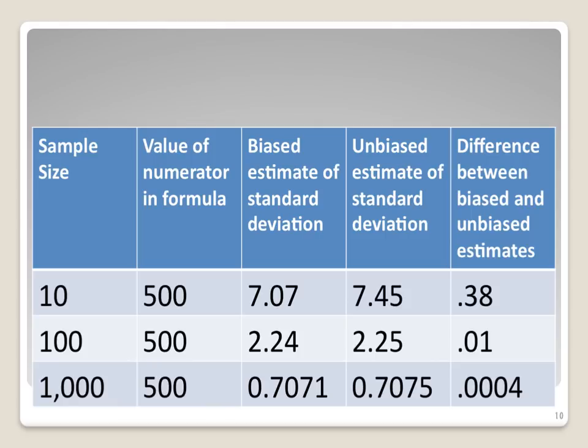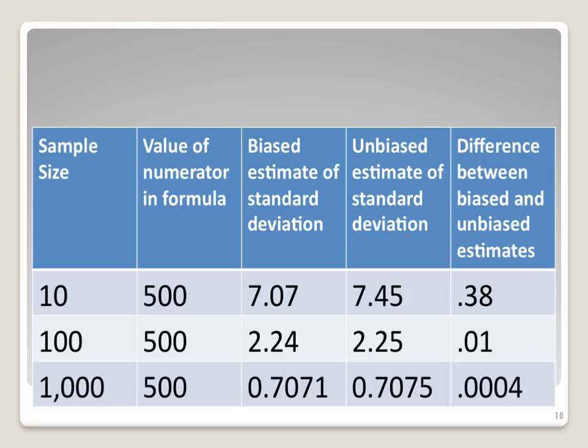So the difference between the biased and the unbiased estimate is 0.38. Ultimately, you're going to find out that our probability of finding a difference, when we start talking about probability in our probability podcast, this difference of 0.38 is huge, and it actually might show a massive error in our ability to come up with an inference.